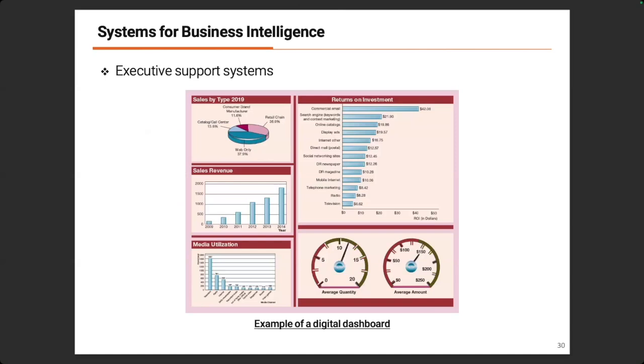So this is the example of a digital dashboard, which is part of the executive support systems. This is the example of the Valero company, which is the world's largest independent petroleum refiner.